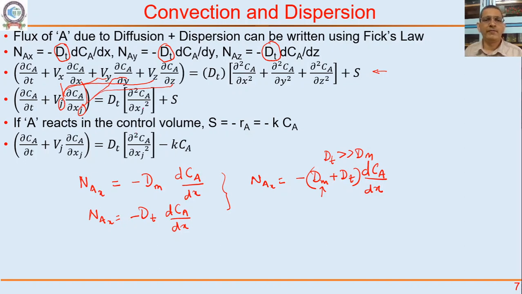In the same way, ∂x_j² is going to take three values: ∂x², ∂y², or ∂z². If A reacts in the control volume, let's say the reaction is first order, S is a sink, disappearing. It is minus k into C_A. So we can write this in a simplified vector form.